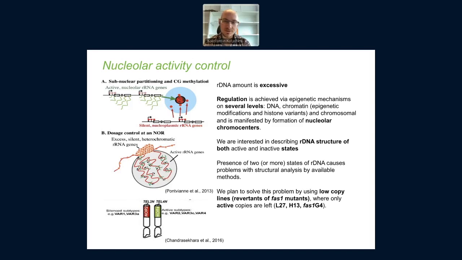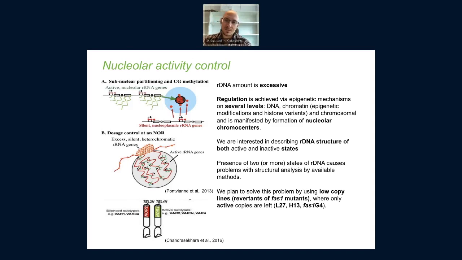It was shown recently that active subtypes of rDNA are localized at one chromosome, while the inactive ones localize at the other one. So the main problem with any study of rDNA is the presence of these active and inactive repeats.